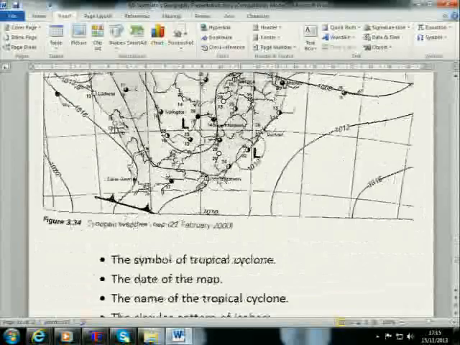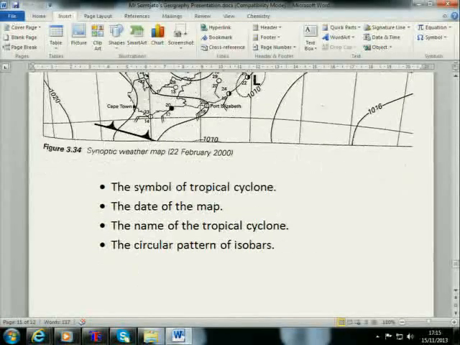Remember, they might ask you the question, how can a tropical cyclone be recognized on the synoptic weather map? Remember the symbol of the tropical cyclone, remember the date of the map, remember the name given to the tropical cyclone. Remember, it has got the circular pattern of the isobars.